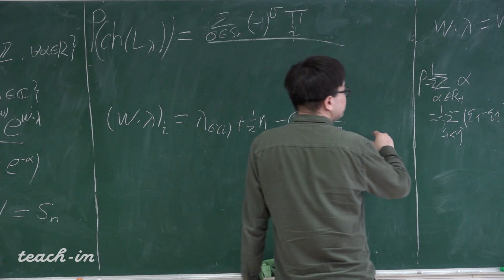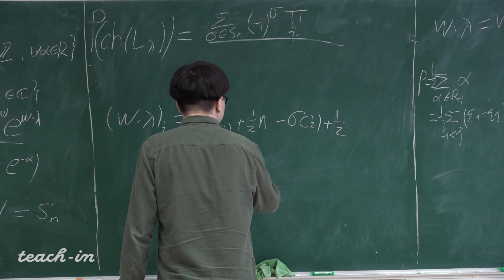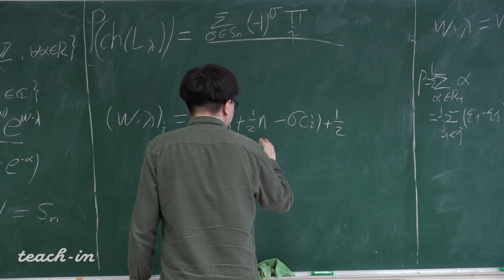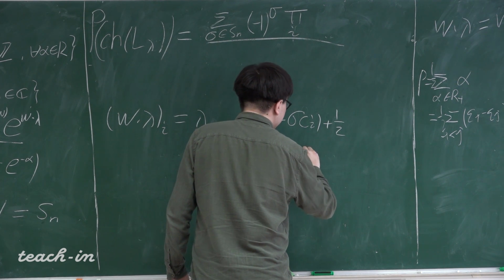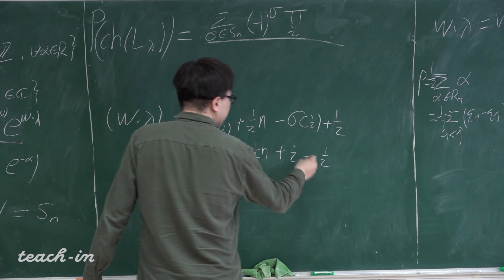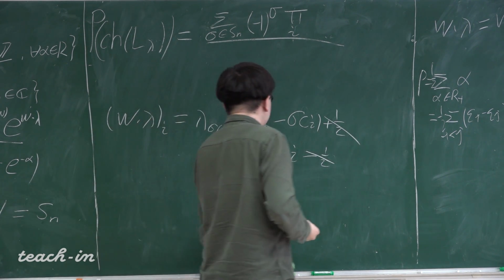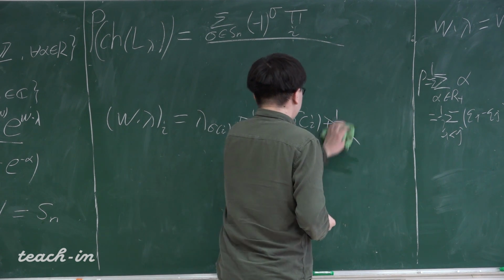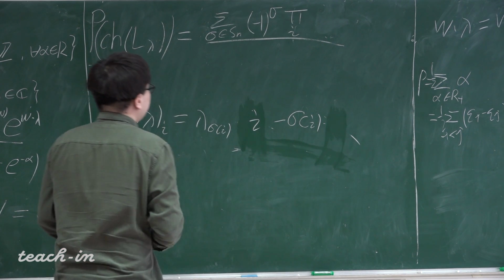So you should subtract this: minus the 1/2 part, plus i, minus 1/2. Something cancels. It would be i here.